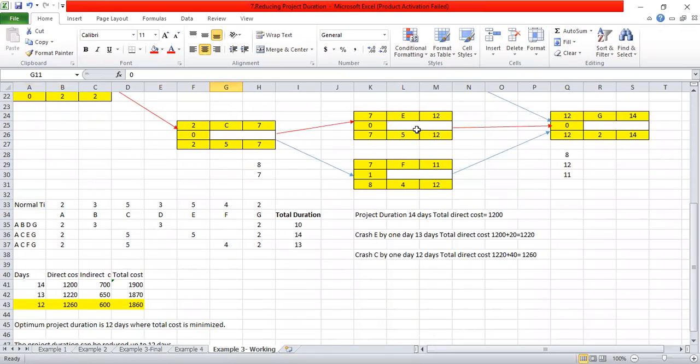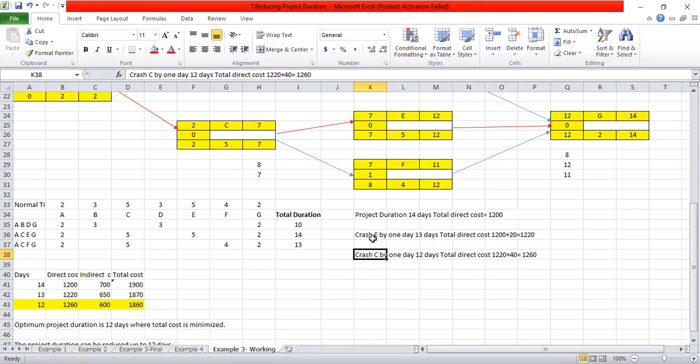Please remember that in the examination you have to write down all these things, right? You have to first write down project duration 40 days and total direct cost 1,200. When you are crashing each and every activity step by step, you have to write down the activity.